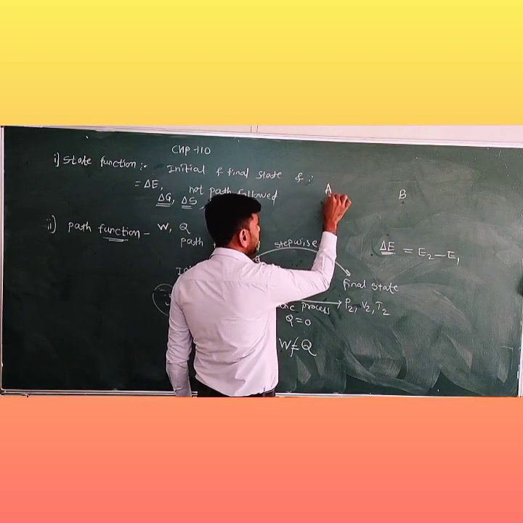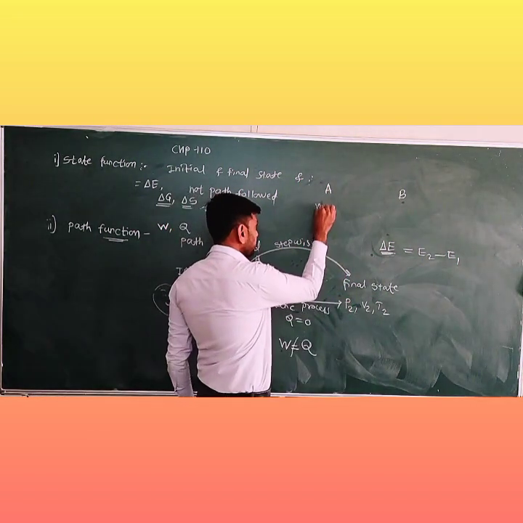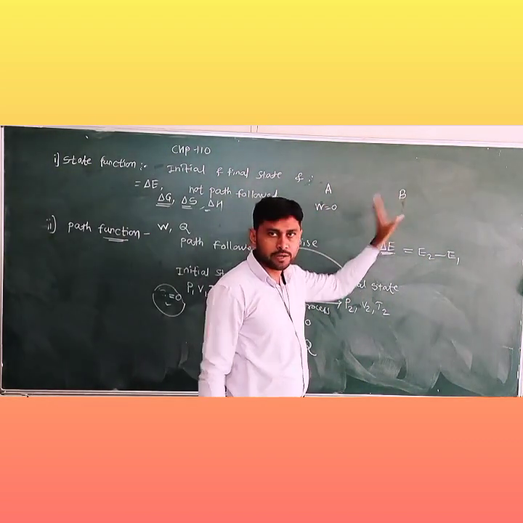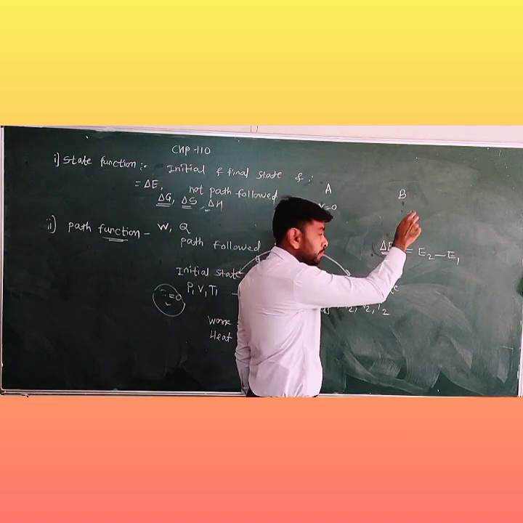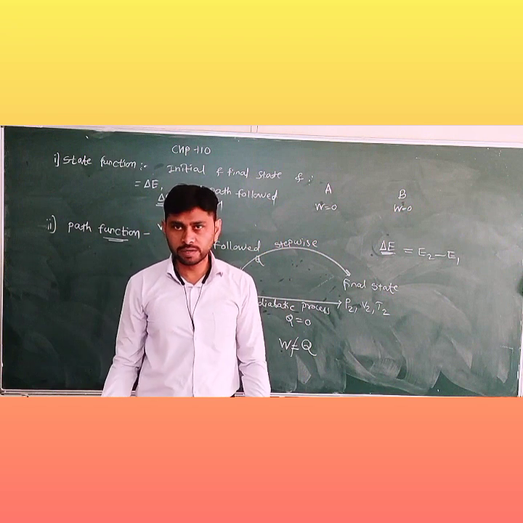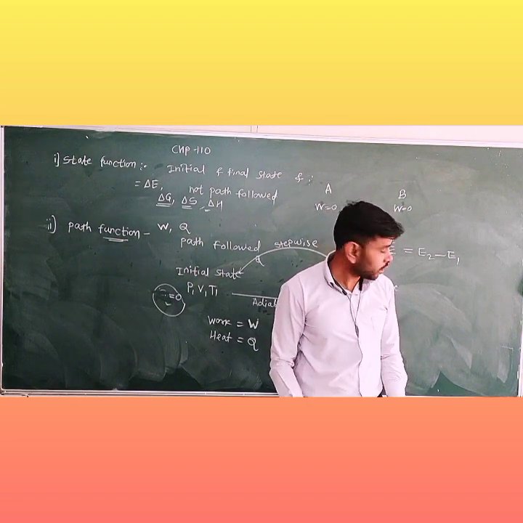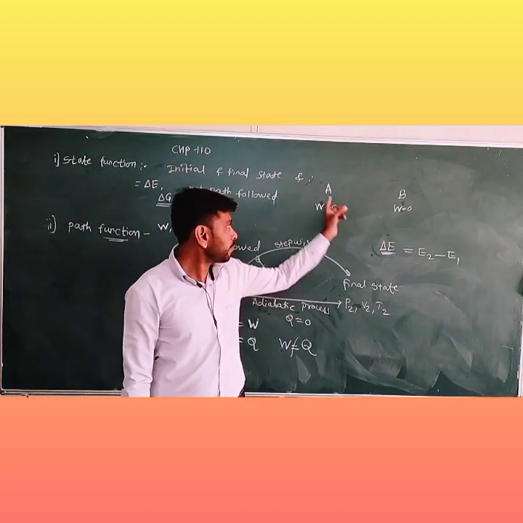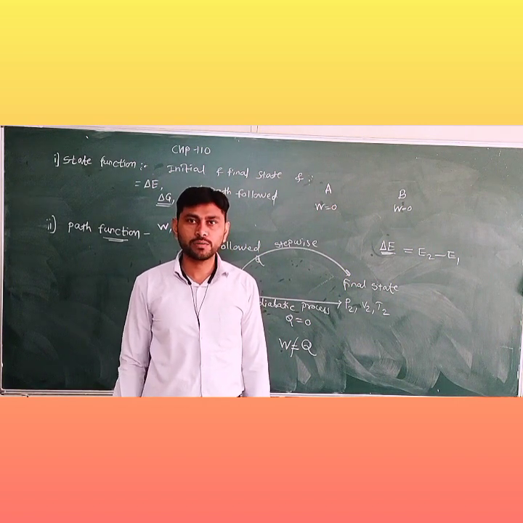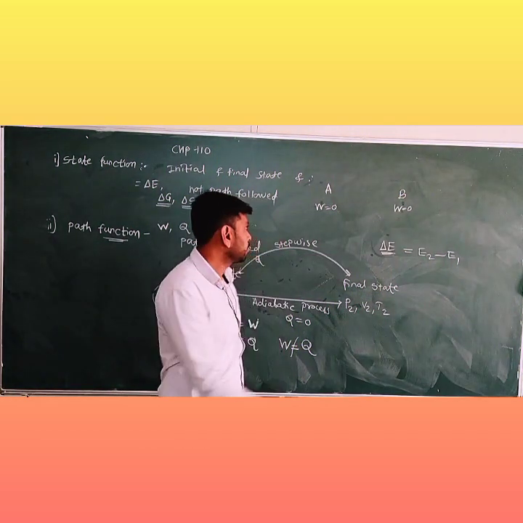When you are standing at point A, your work done will be 0. After some time, if you stay at point B, then W is equal to 0. If you are standing here, there will be no work done. If I am moving from one point to another point, then there should be some work done. If I am here at point A, there will be no work done, and after some time, at point B, there is no work done.